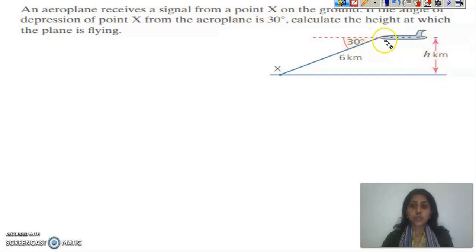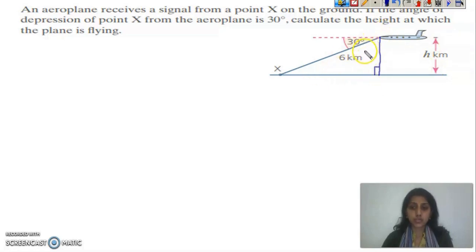To solve such a problem, first we need to understand whether the plane is making any kind of right angle triangle with the base. Yes, we can see that this is making a right angle triangle. This height is exactly the same as this height.